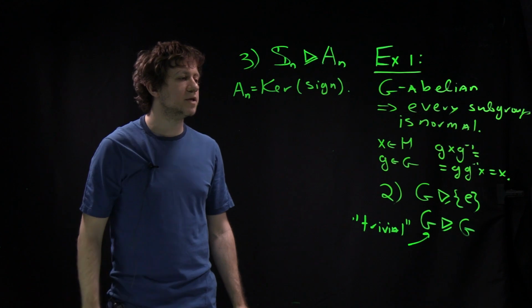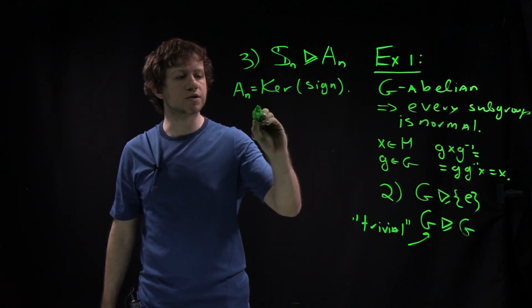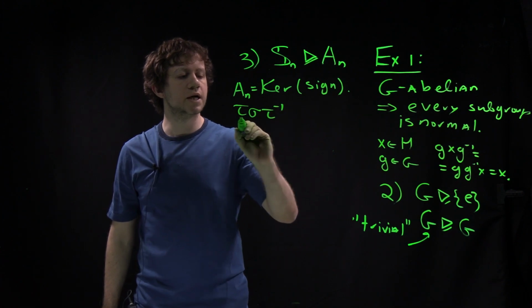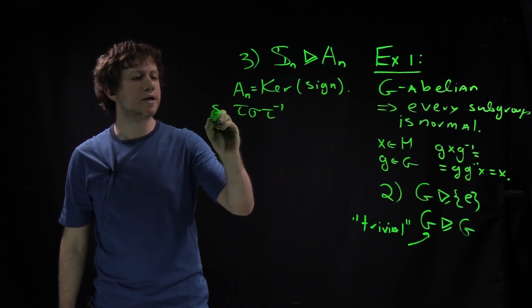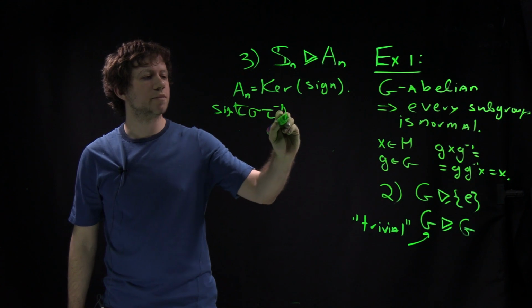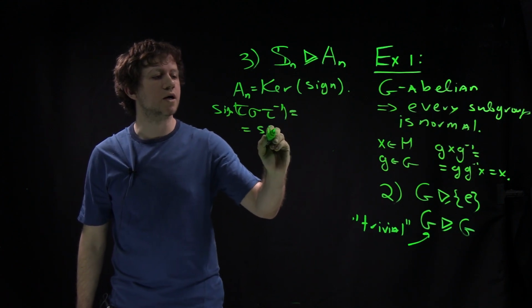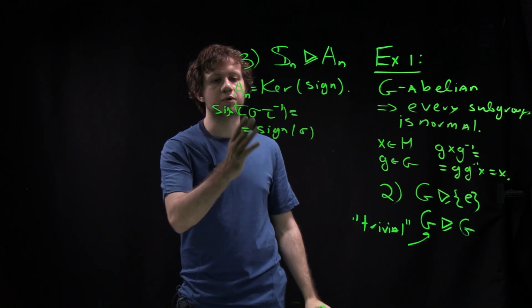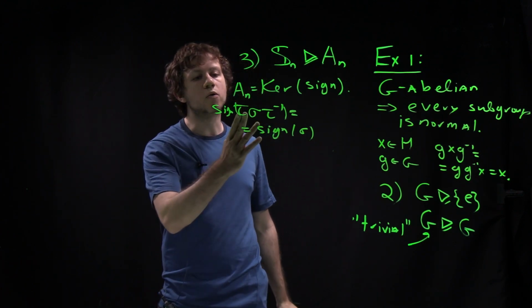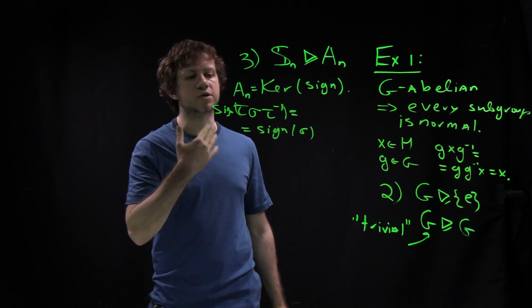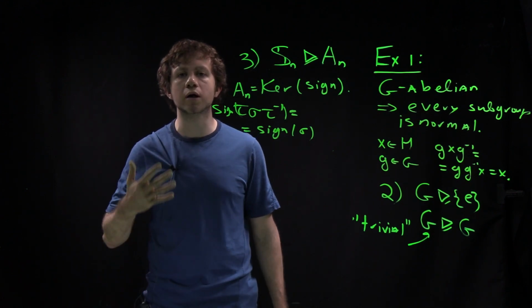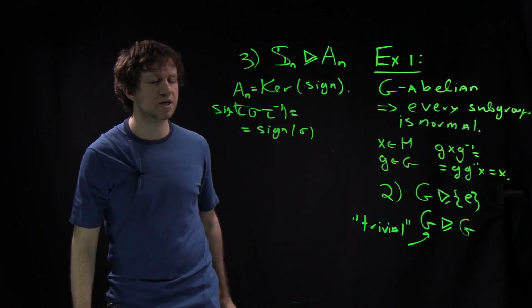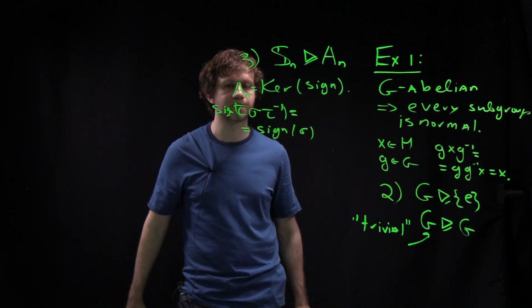But you can think of it in a different way. If you have some permutation sigma, and you do tau sigma tau inverse, then the statement is that sign of tau sigma tau inverse equals sign of sigma. There are various proofs of that. One of them is to use multiplicativity of sign, or you can look at the cyclic structure. Sign depends only on the number of cycles of different lengths, and these numbers are the same for sigma and tau sigma tau inverse.